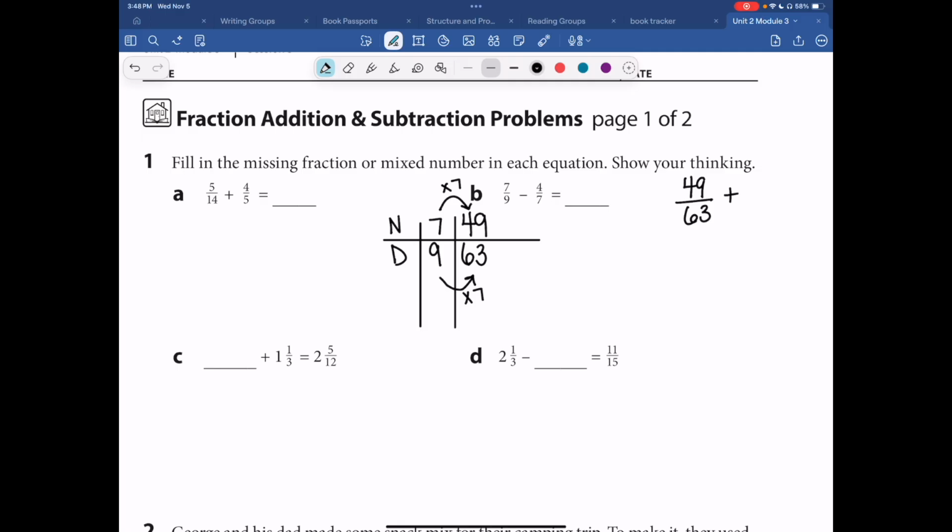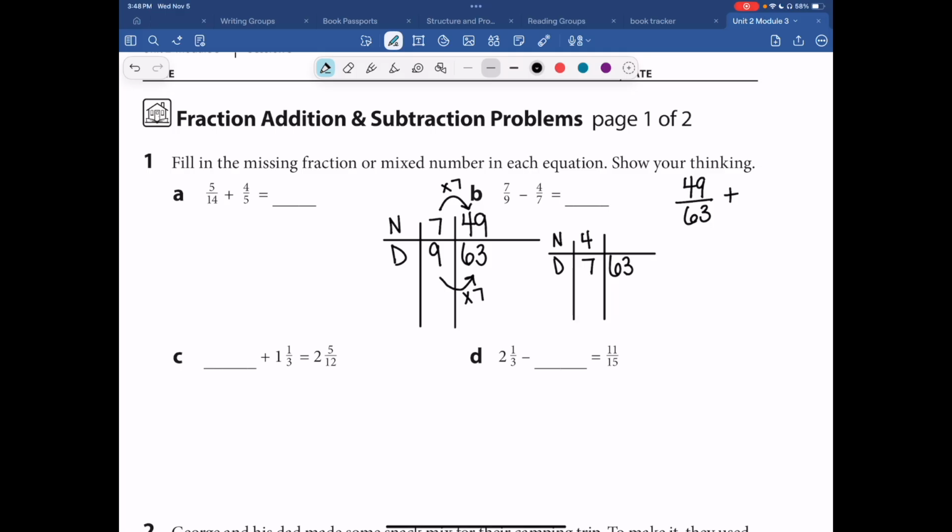So I have 49/63. So now I need to find an equivalent fraction with a denominator of 63 for 4/7. So I'm writing down 4/7. Go ahead and set that up. All right, then our common denominator, as you know, is 63.